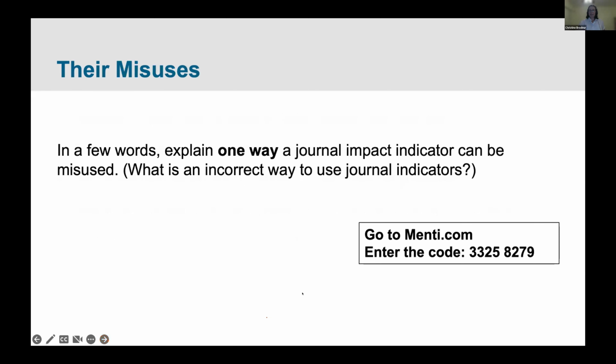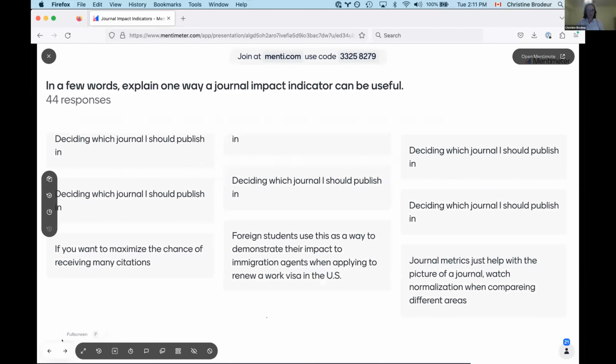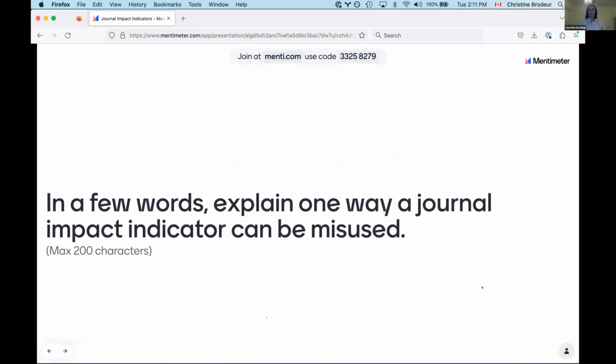Okay, the other aspect, which Marissa gave part of the answer to in the chat as well. I will open the Menti as well. Explain one way a journal impact indicator can be misused, or that it shouldn't be used for, or put the limitations in there if you want. I didn't put a different Menti for the limitations. They kind of go together.